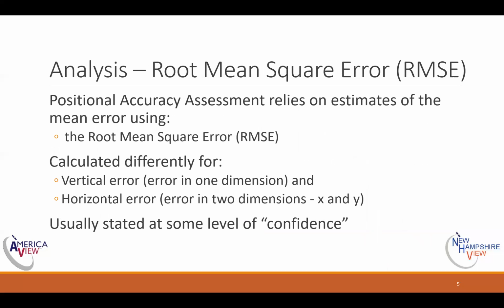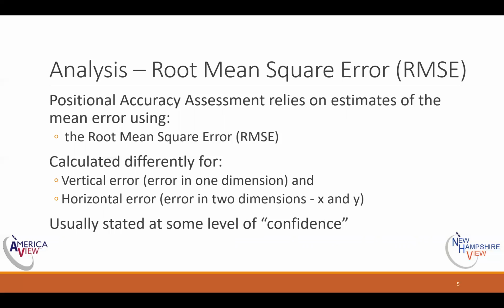If we get to the analysis, we need to start understanding root mean square error, RMSE. We mentioned this a number of times already. Positional accuracy assessment relies on these estimates of root mean square error. And remember that if we're doing just vertical accuracy assessment, just one dimension, the dimension Z or the elevation, you calculate root mean square error one way.